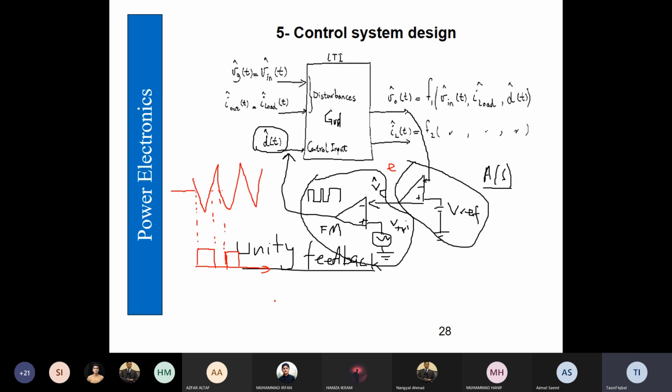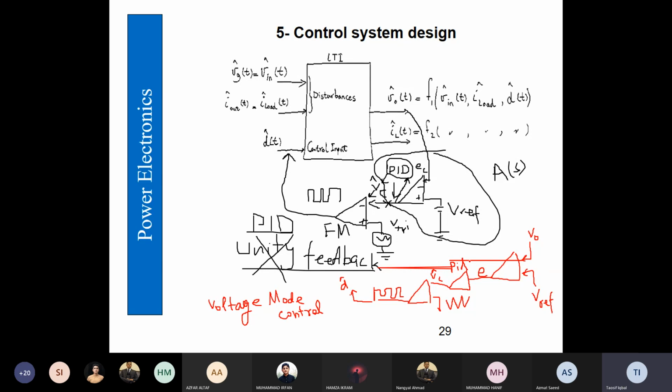So in this way, we are generating the unity feedback system. Similarly, we can provide a gain after the error. We can provide a PID control that provides some gain to the error signal, and the purpose of this PID is to reduce the error as soon as possible.